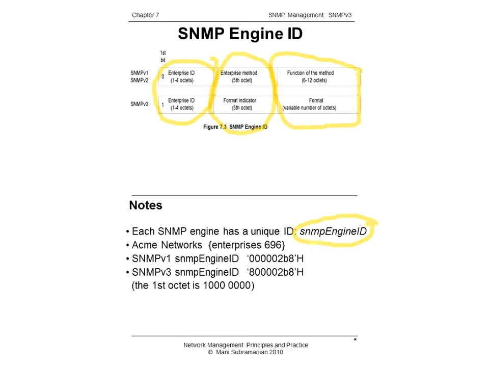For a simple entity, it could be just IP address of the entity. The 5th octet of SNMP V3 Engine ID indicates the format used in the rest of the variable number of octets.